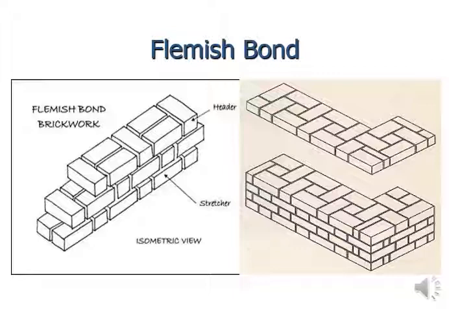So understanding of the Flemish bond is very important for 9-inch thick wall and 13.5-inch thick wall for the drawing. Okay, so this diagram is for the 13.5-inch wall, and this left hand side is for 9-inch. Here also this is almost the same isometric view, three-dimensional, in which you can see the laying of the bricks.